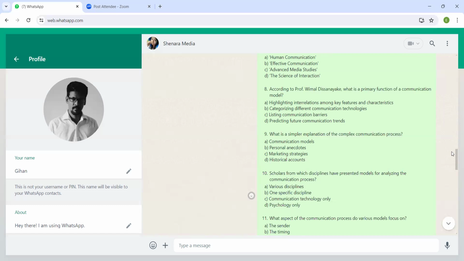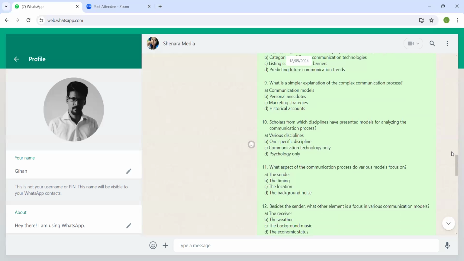Scholars from which disciplines have presented models for analyzing the communication process? Not one specific discipline, not communication technology only, not psychology only, but various disciplines: political science, lecturers, psychology writers, communication technicians, mathematicians.